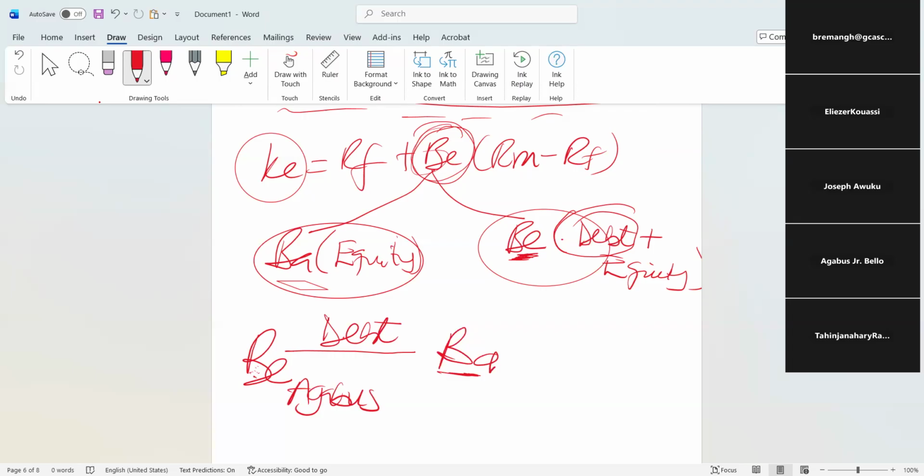So you have to strip debt out of the equity beta so that you get the asset beta, which is the common thing to these two entities in that industry. Then I'm now going to add the debt of Eliezer to now get the equity beta of Eliezer.